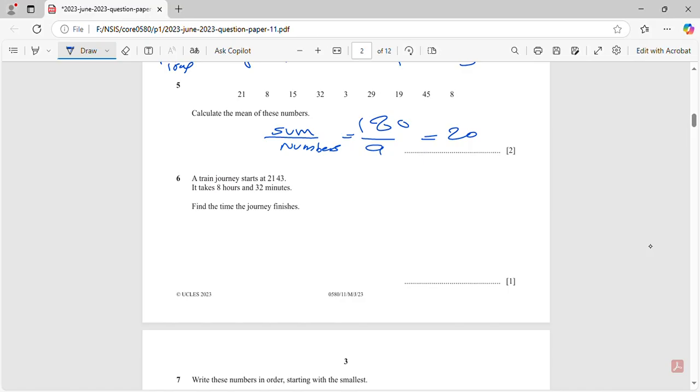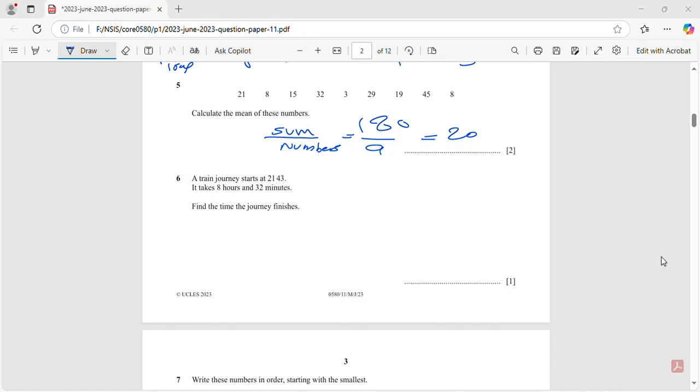A train journey starts at 21:43. It takes 8 hours and 32 minutes. Find the time the journey finishes. So I have to add these two together, which we can do using the calculator. How can we use the calculator in this situation?